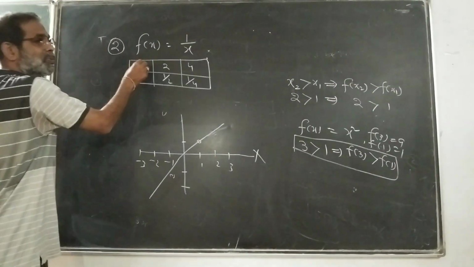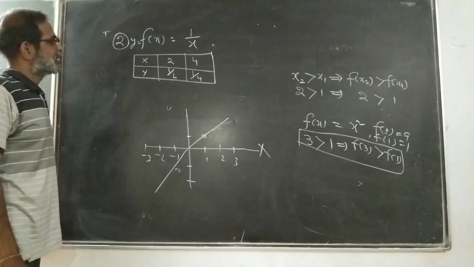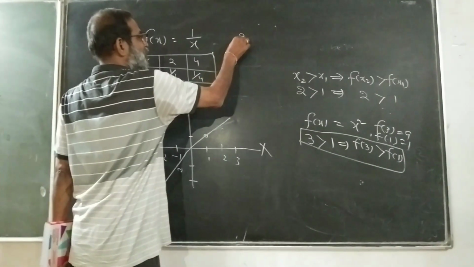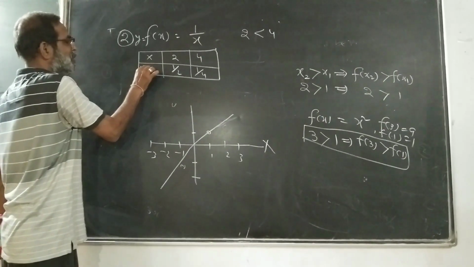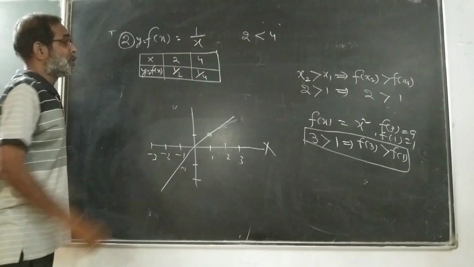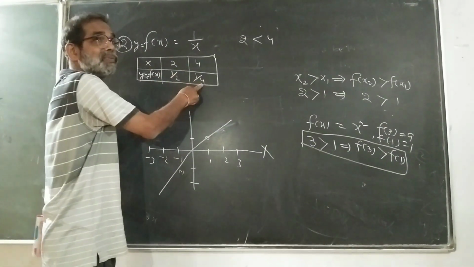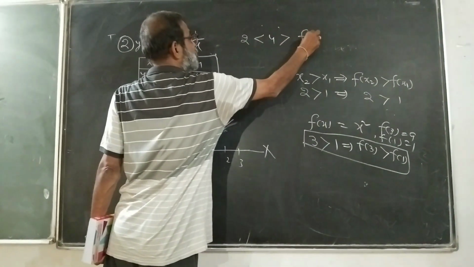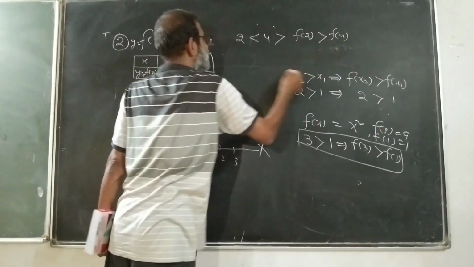So, suppose y equals f(x), 2 is less than 4. Look here, 2 is less than 4. f of 2 is half. We know that half is greater than 1 by 4. So f of 2 is greater than f of 4.